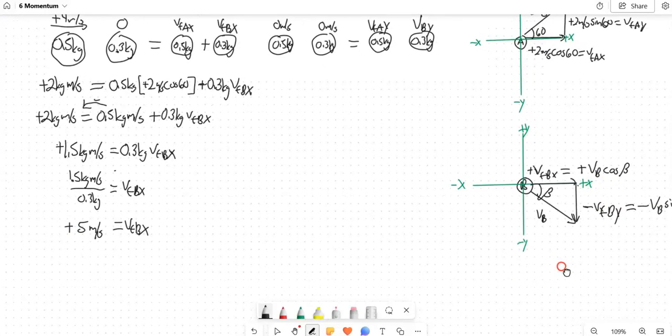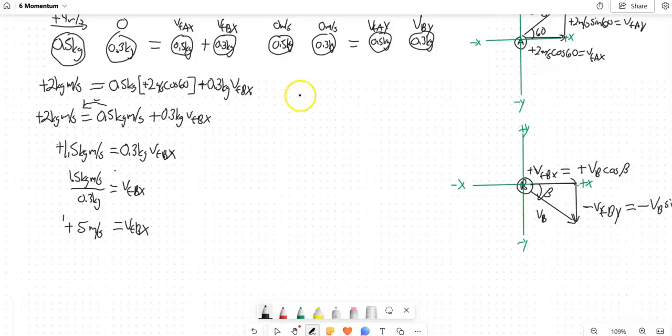This ball is going to be moving at 5 meters per second to the right, while this other ball is going to be moving at 1 meter per second to the right. All right, so we got something that's important here.